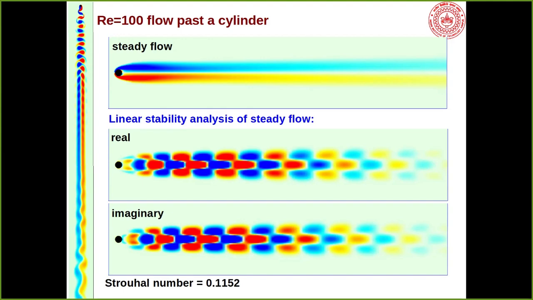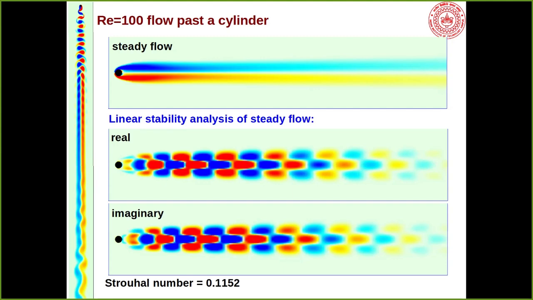So these are the two parts that I get, the real and imaginary. So the first unstable eigenmode would be real plus i of this positive value. The conjugate part would be real minus i of this imaginary value. Okay. You can see these two modes are essentially the same.